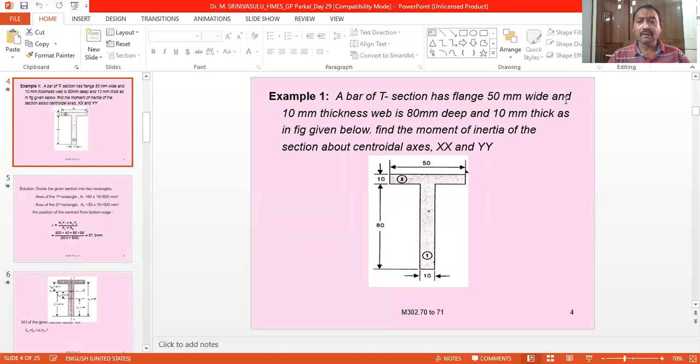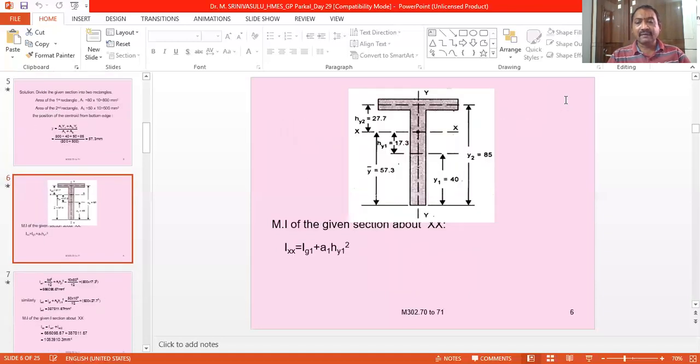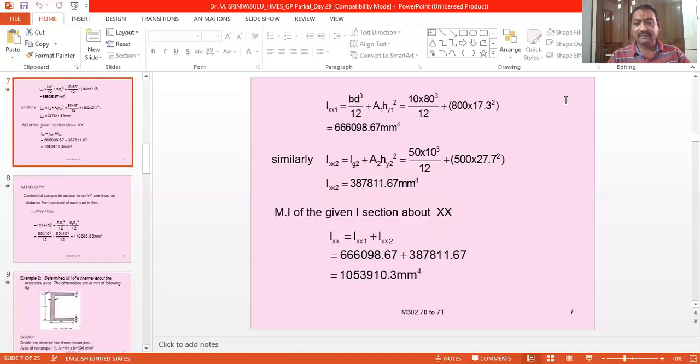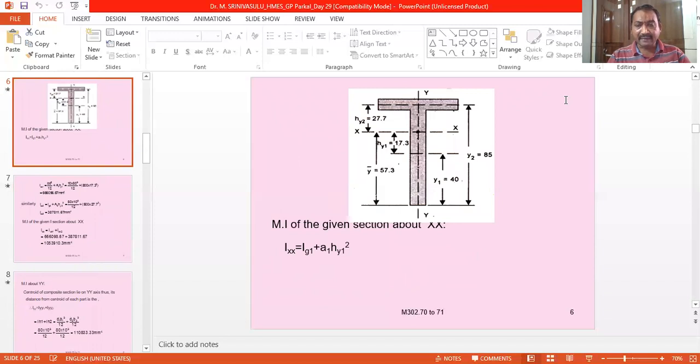Now for this given T section, we know that the given T section is symmetrical about the y-axis. When it is symmetrical about y-axis, we know that the centroid is lying on the y-axis. So we need to find only the y distance, that is the distance of the x-axis from the bottom.